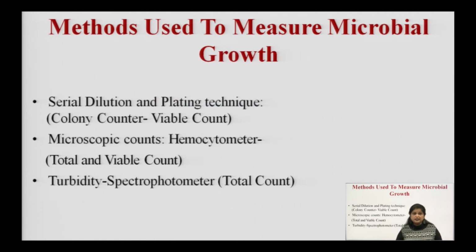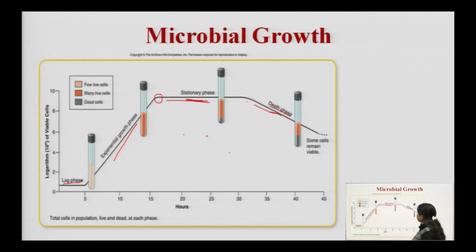So next, in the previous slide I have told you about the microbial growth, because the number of microorganisms goes on increasing at an exponential rate. At stationary phase there will be no growth, and an equal number of bacteria will grow and an equal number of bacteria will die, and in the last phase, the death phase.